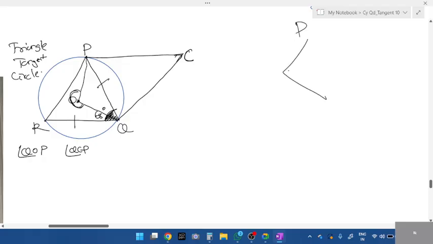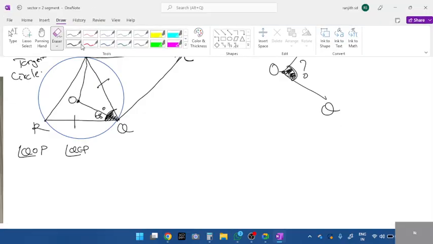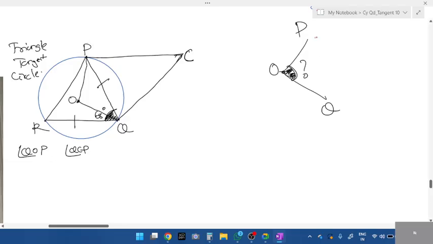Look, this is P, this is O, this is Q. So QOP, this angle, we need to find this QOP. Okay. Now, how will you start? If you directly start to solve, you won't get the answer. Always go with the angle given. Which angle is given here?